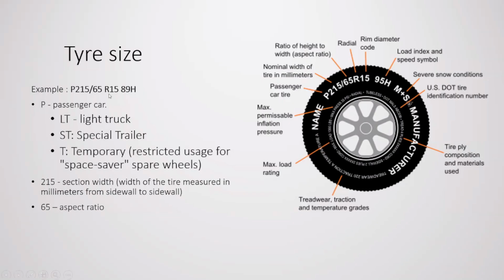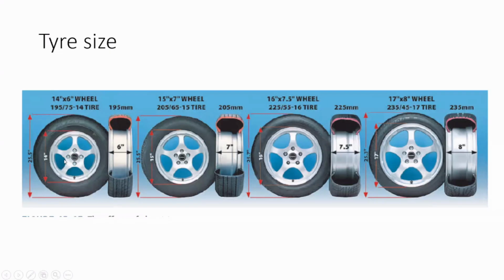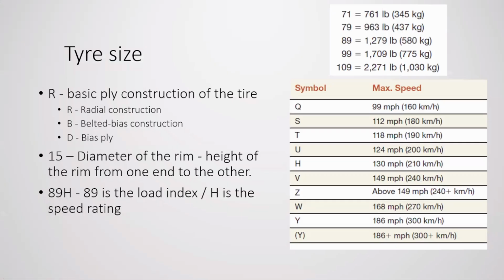And then you can see the fourth terminology here, R. R is basically referred to as radial. So that is our ply construction. You know that we have three main ply orientations: the first one is radial construction, and then belted bias and bias.